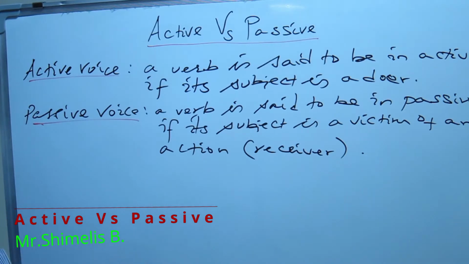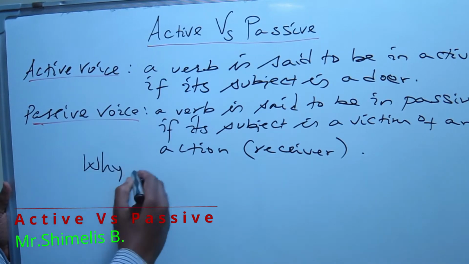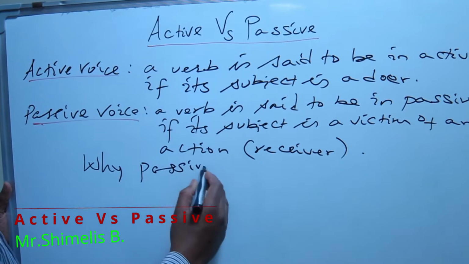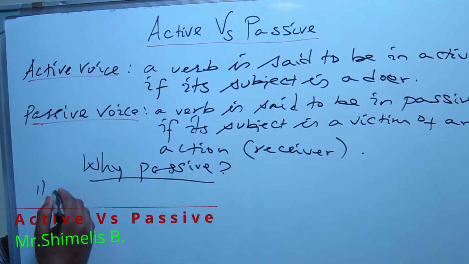Now let's see why we use passive over active. So there are certain cases that force us to use only passive, not active. What are those cases? The first case that forces us to use passive is when we don't know the doer of an action, or when the doer of an action is unknown.